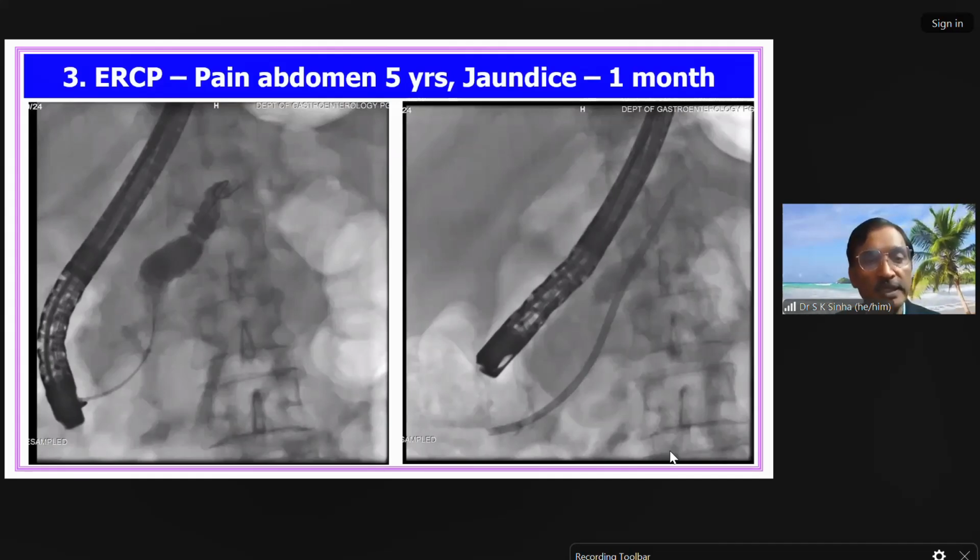This is again showing changes of chronic pancreatitis. If you remember, the changes are graded according to a classification system where we say mild, moderate, severe, and equivocal. Equivocal is when the initial changes are seen in the side branches, and if up to 3 side branches are clubbed, that is called equivocal changes.